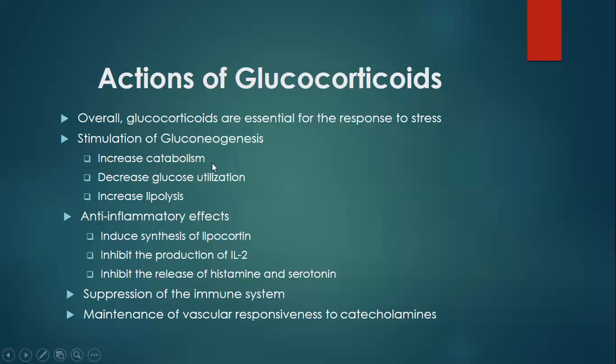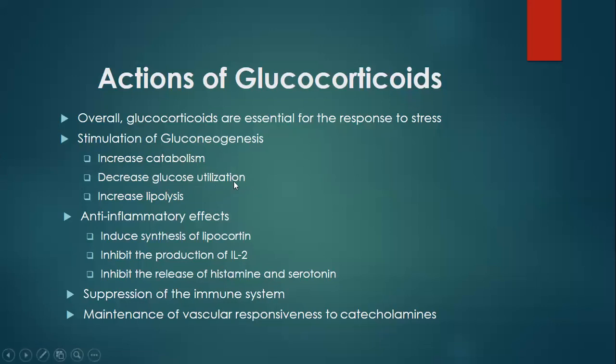Your glucocorticoids decrease glucose utilization and insulin sensitivity of adipose tissue. Remember, the action of insulin is to cause cellular uptake of glucose. So your glucocorticoids decrease insulin activity, causing a decrease in glucose utilization by the body, by the cells.